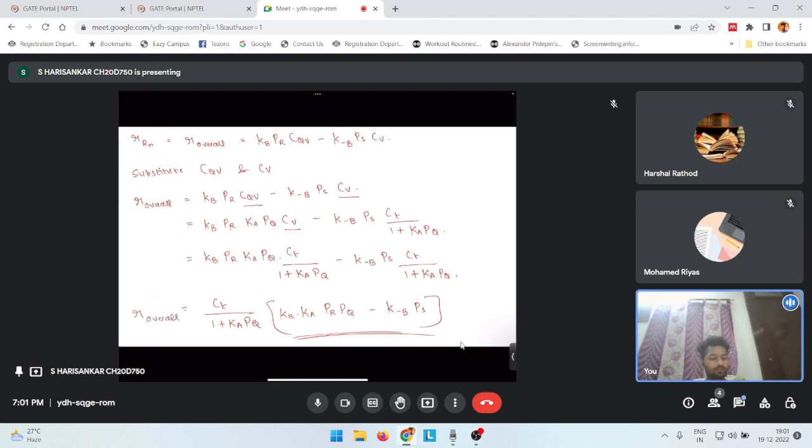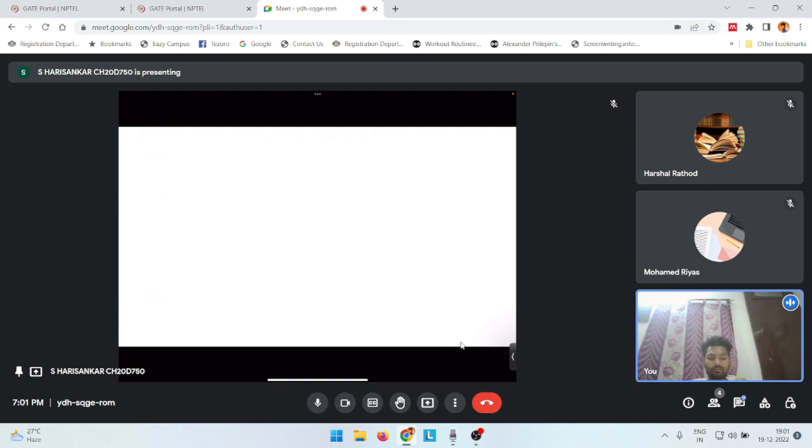Now they said that initially only the feedstocks are present, or the reactants are present. So initially only Q and R are present. That means S is 0 initially. So if we write overall reaction rate at initial stages R0, then here PS will be equal to 0.